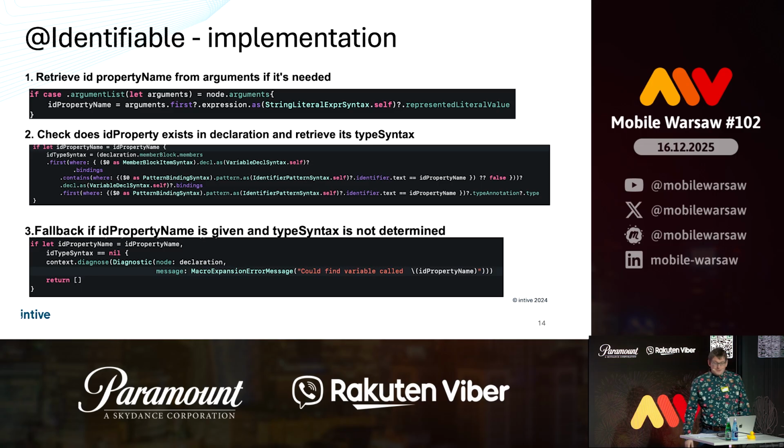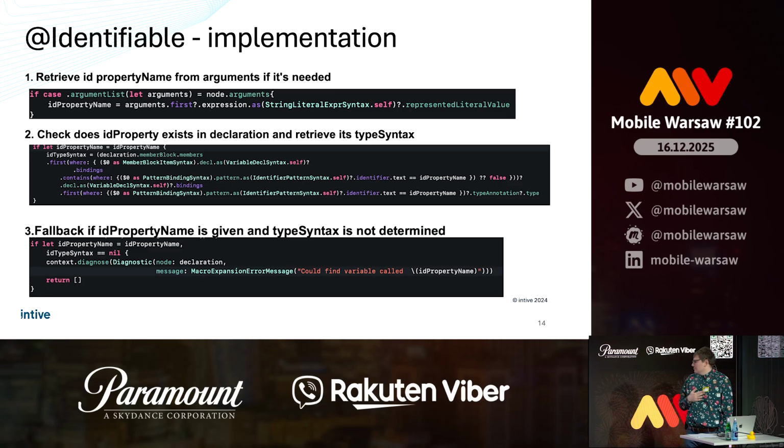So first, of course, like in the previous example, we get the argument from the macro call and check whether the ID property exists. But this time, additionally, we retrieve its type syntax, because in the computed var we have declared what type we return.